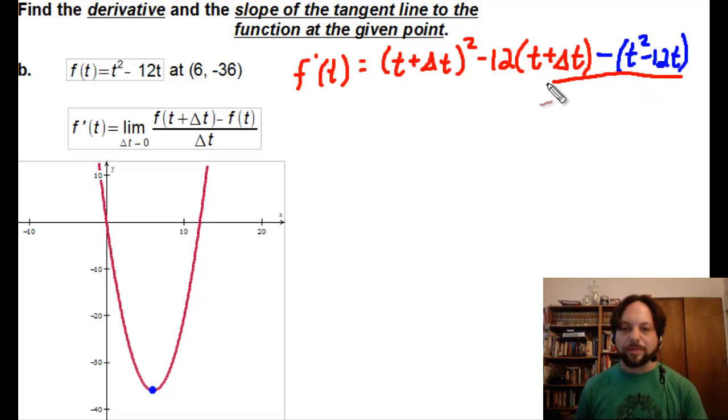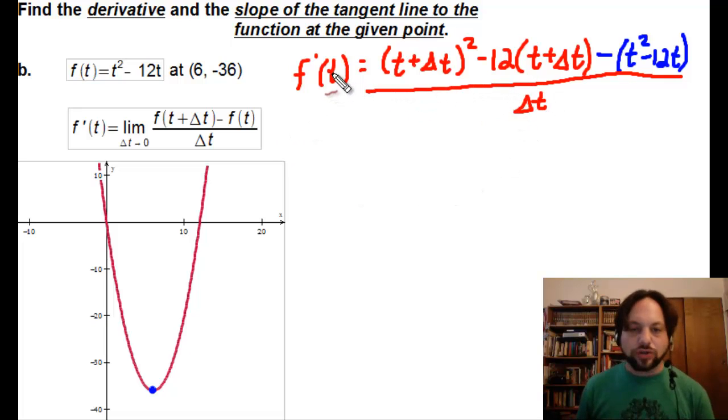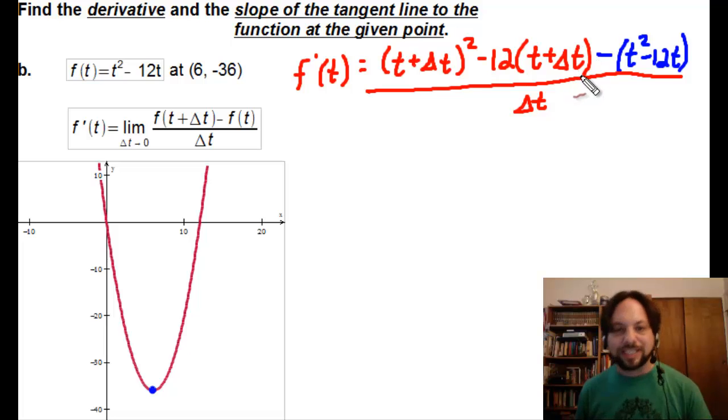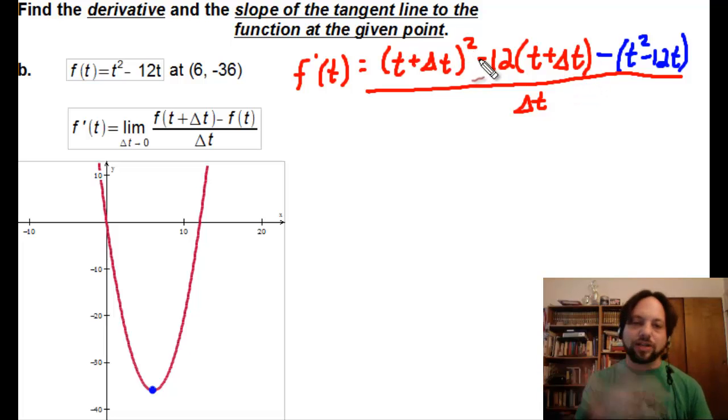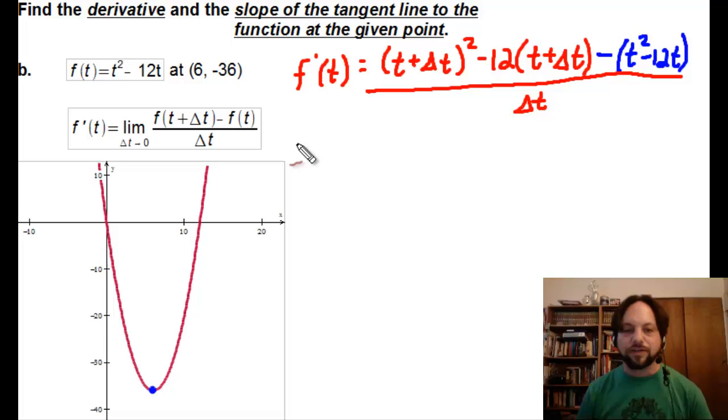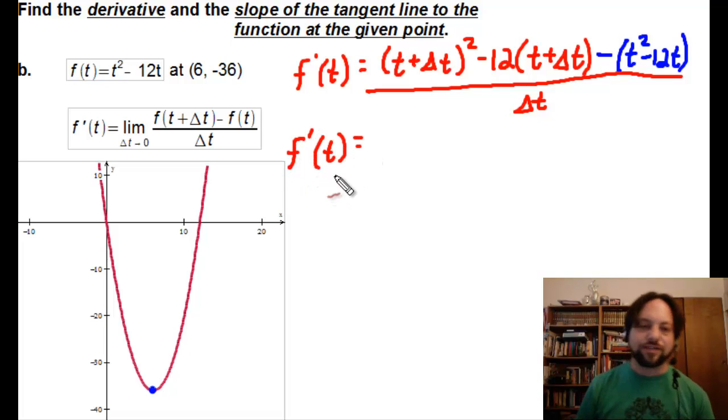Of course, in the denominator, I will still just have delta t. So to do this correctly, you're going to have to square this binomial, distribute this scalar multiple, combine all these like terms, do all this crazy stuff. So certainly you should pause the video and give that a shot. As for me, I've actually already done this one.